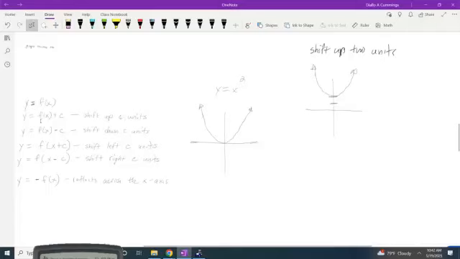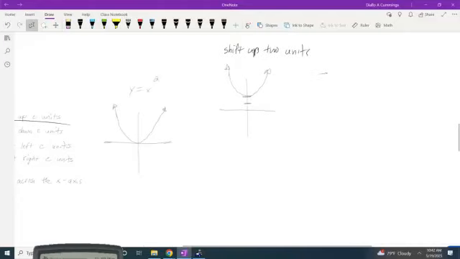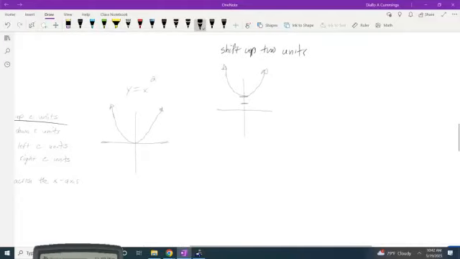I'm going to use this model form right here, because I'm shifting up 2 units. So my f of x is this quadratic, and my quadratic is x squared, so y equal to x squared plus 2 should be the equation.